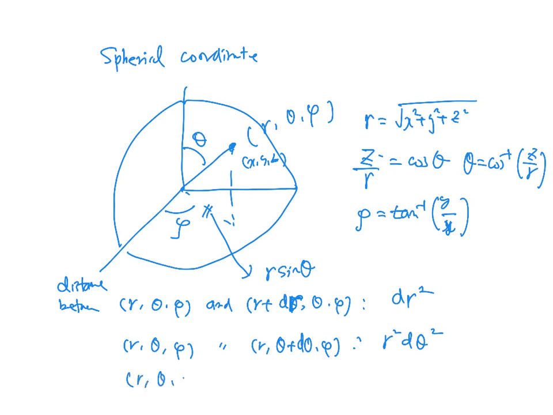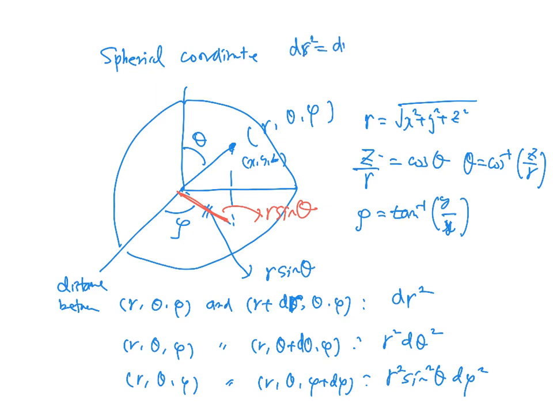However, (r, theta, phi) to (r, theta, phi plus d phi) is a little bit different because this radius is actually r sine theta. So it's r squared sine squared theta d phi squared. So in general, ds squared is dr squared plus r squared d theta squared plus r squared sine squared theta d phi squared.